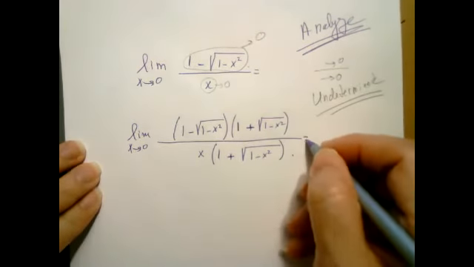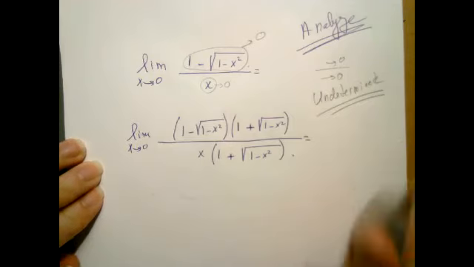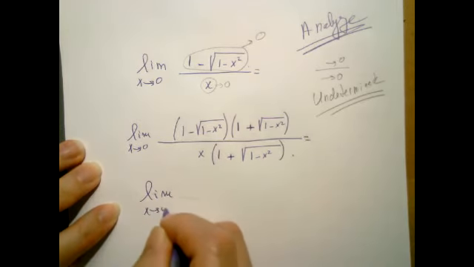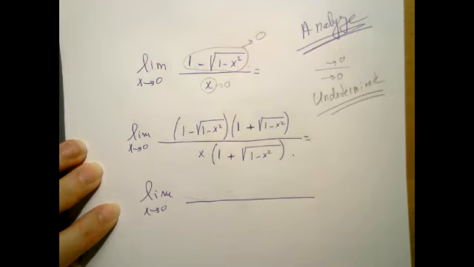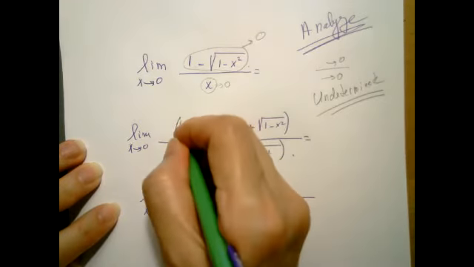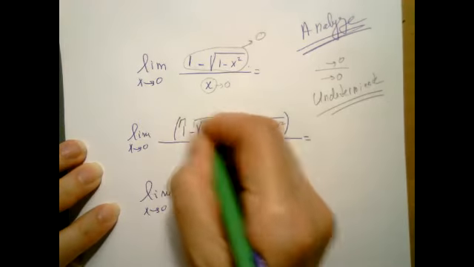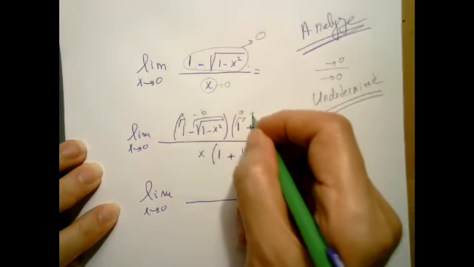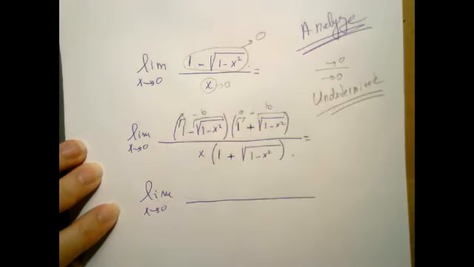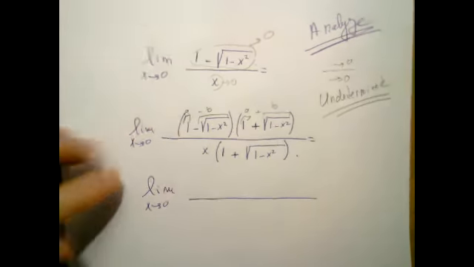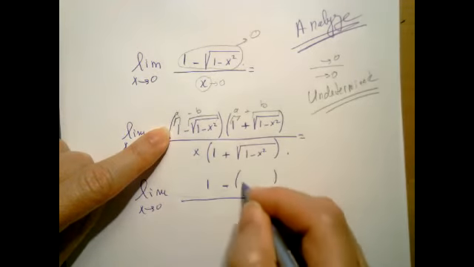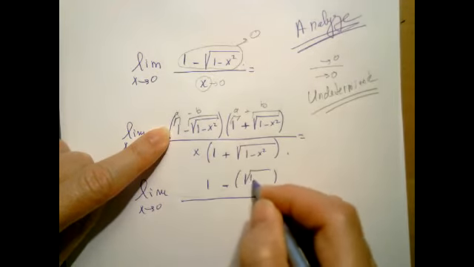Okay, now we are almost there in this problem. So this will give me the limit as x goes to 0 of, now, this product is like A minus B if you want. You multiply it by A plus B. So if you multiply this out, you will get A squared minus B squared, which is this term.